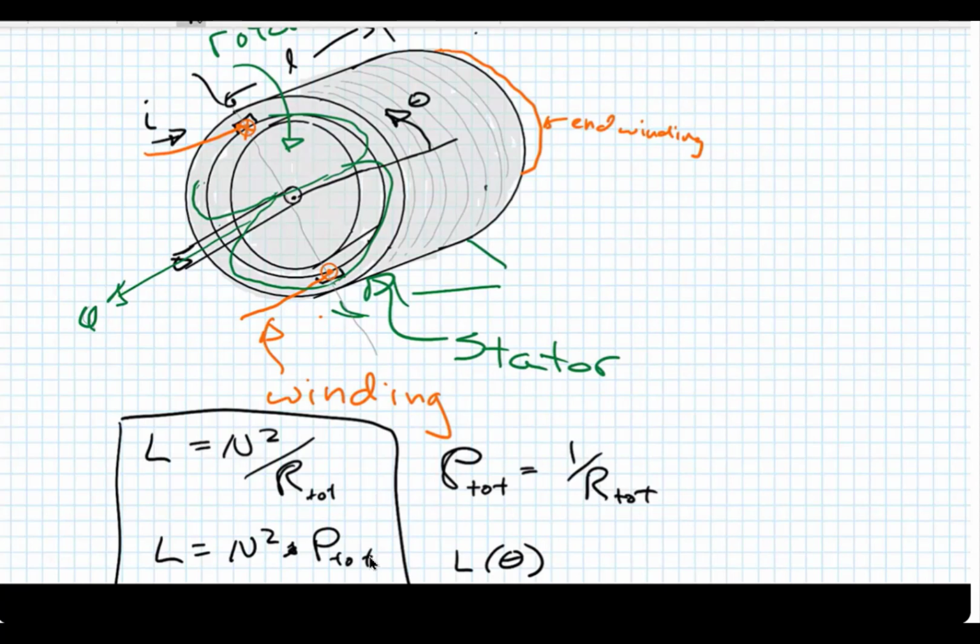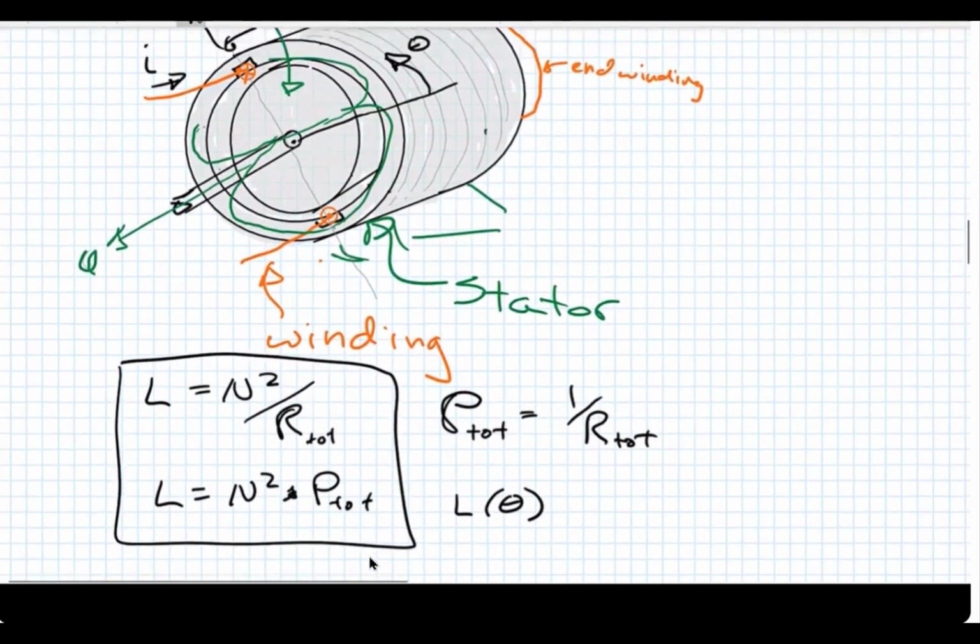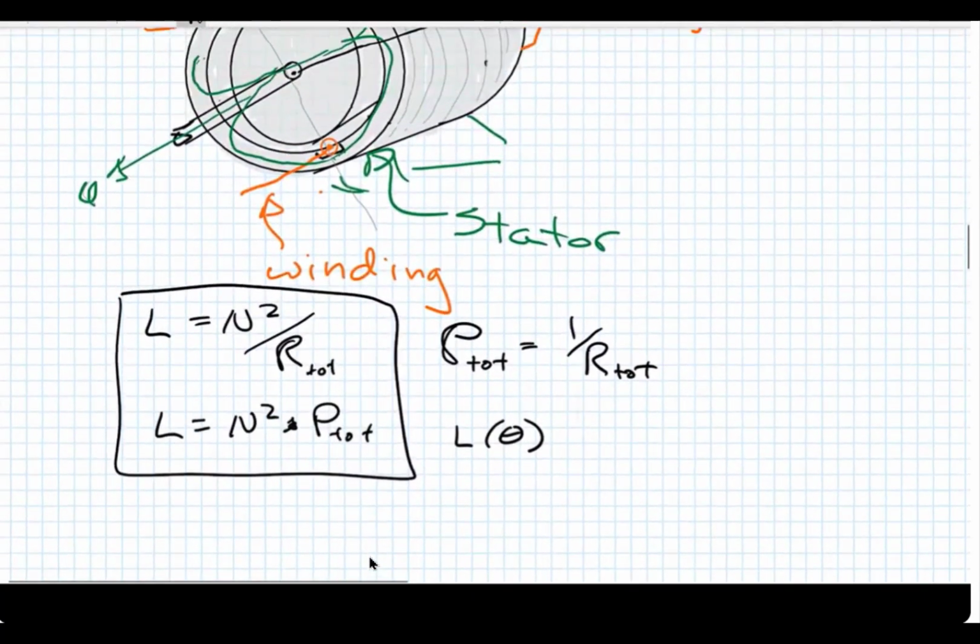It's moving in this direction. In order for this thing to produce torque, since it has just this one winding, there has to be a position dependency in the inductance.